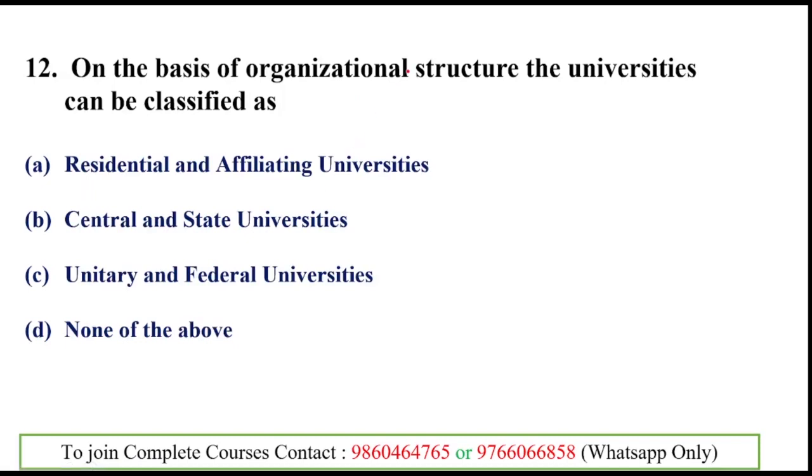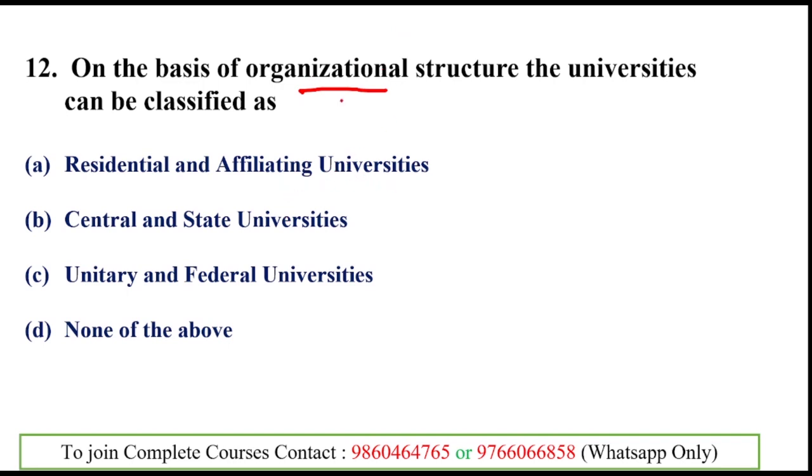on the basis of organizational structure, the universities can be classified as. So there are many variations of universities, classified under various heads on the basis of various structures. But for organizational structure, it means residential and affiliating. Clear?